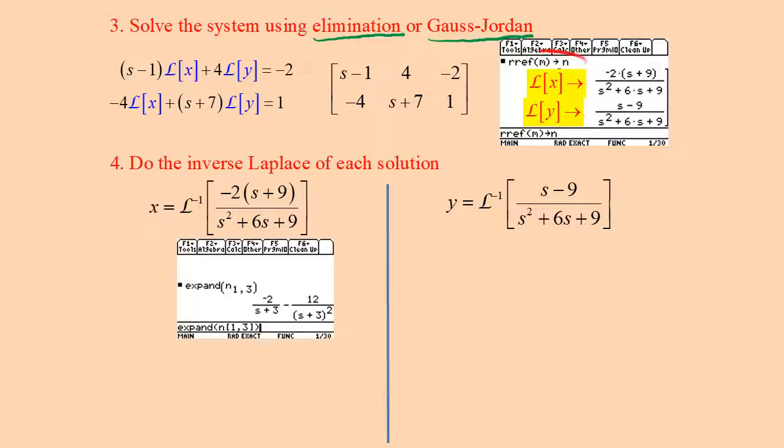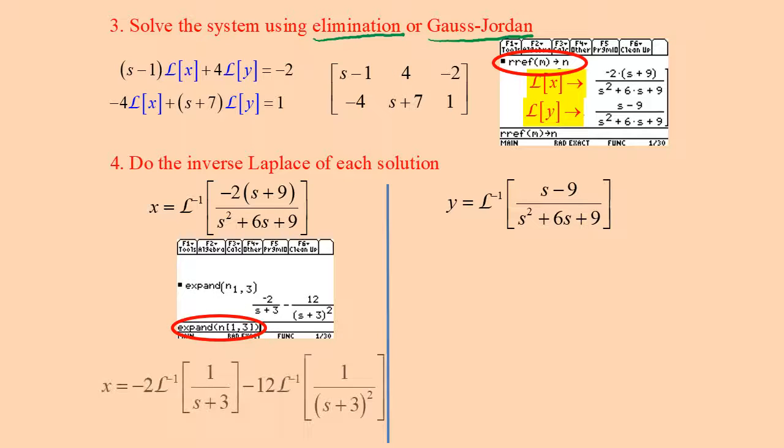That's real easy to do if you notice in the very beginning when I did the RREF on that matrix, I stored the result in a new matrix which I called N. And then down here, I just did the expand on n 1, 3, which is the Laplace of x.